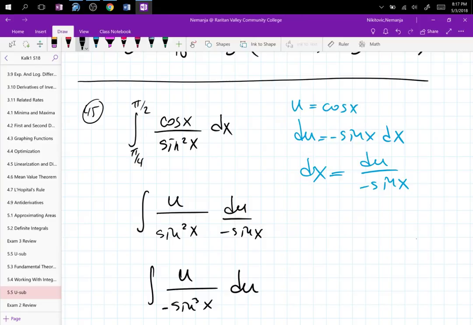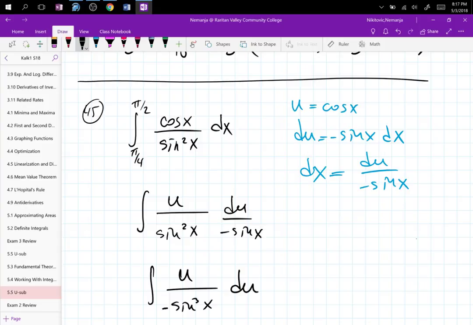It doesn't work because we didn't eliminate all x's. This one survived. So it looked like a good thing to do, but it didn't work out. Because once we are done with all of our substitutions, you still have x floating around.